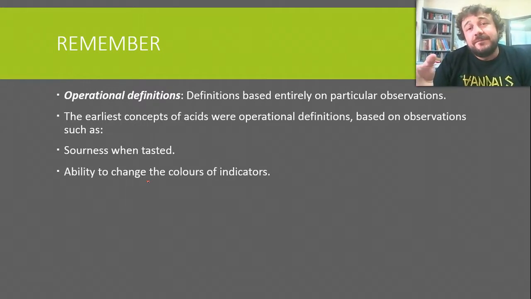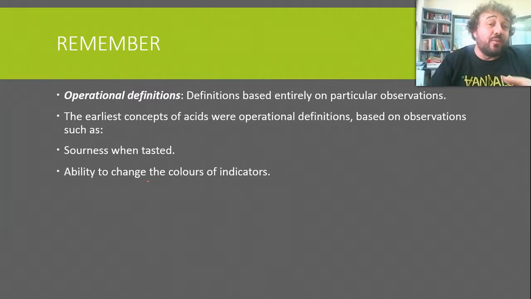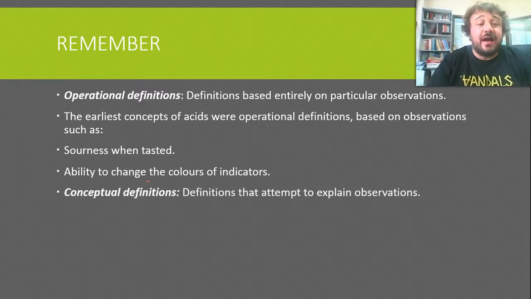So it wasn't anything remotely close to a correct definition of what an acid is, but it worked, and that's what an operational one is. So it's a definition that works for what you need it to do. Then there's conceptual definitions, and these are the way that we explain observations. Now, it's also closer to a theory, so it's actually much more complex.